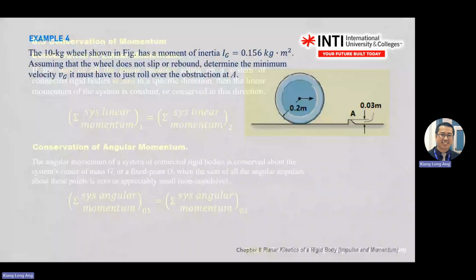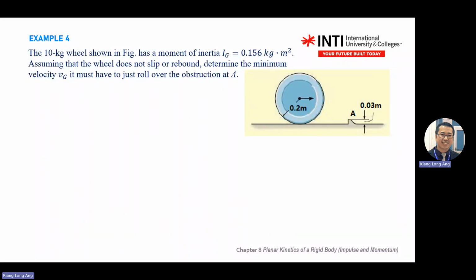Okay, so let's look at example number 4. You're given moment of inertia Ig. Again, this is a tutorial question. In a final exam or test 2, you need to find moment of inertia from a table.